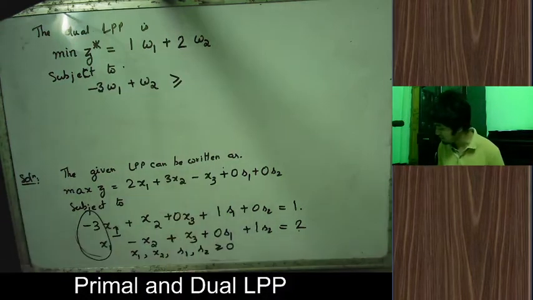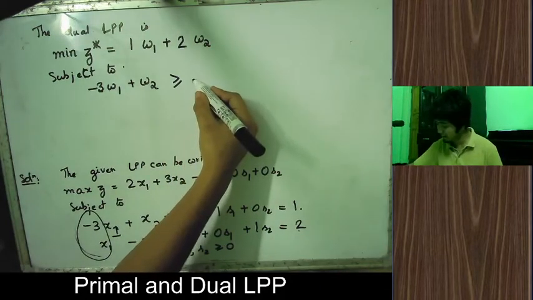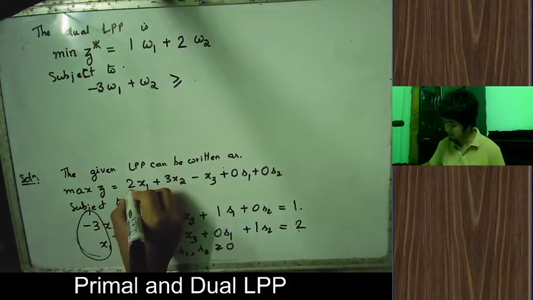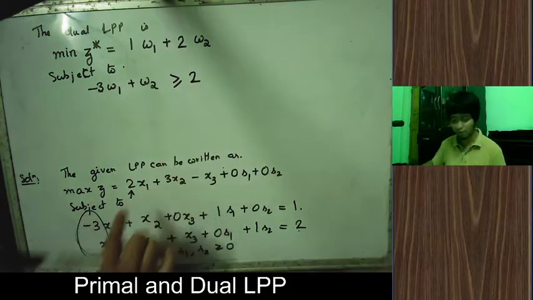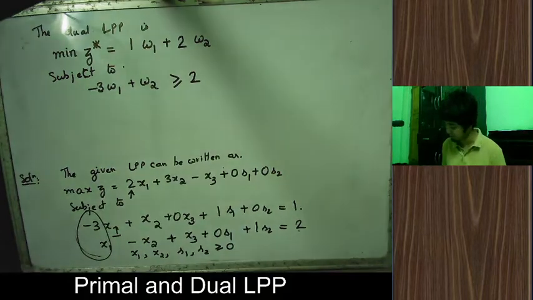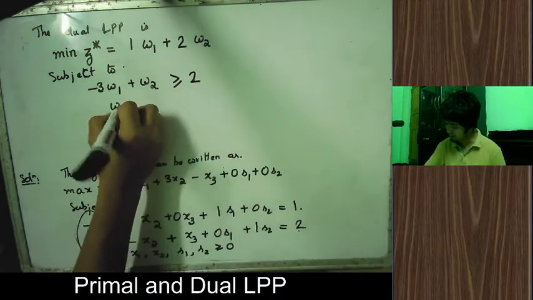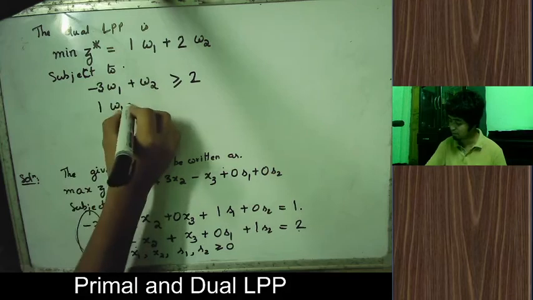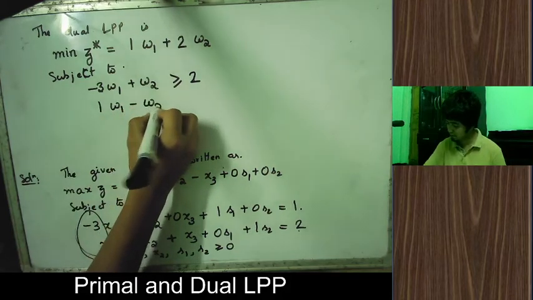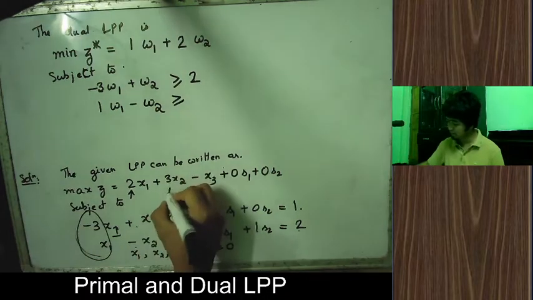It's very simple. But what will be the number over here? It will be this 2. It corresponds to x1, so that's why it will be greater or equal to 2. Similarly, over here we'll be having for x2, but now we will write it in terms of w1, w2: 1w1 minus 1w2. It will be greater or equal to 3.